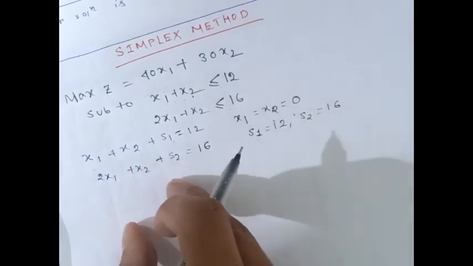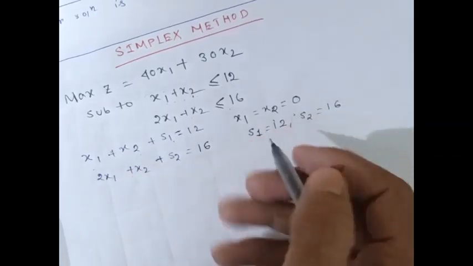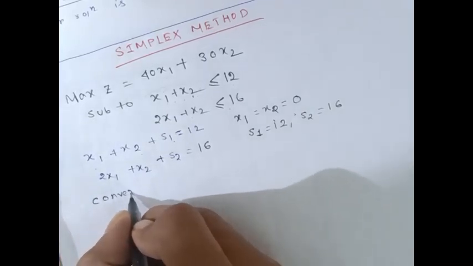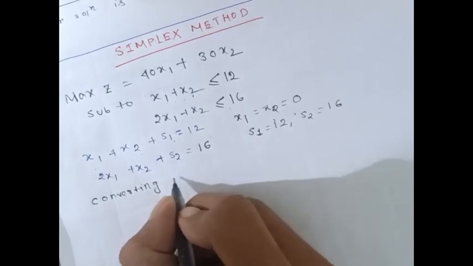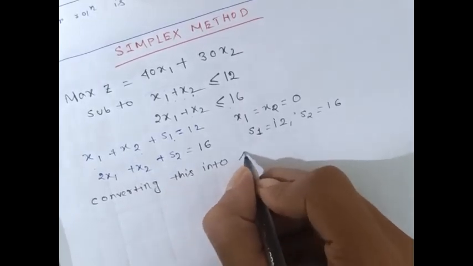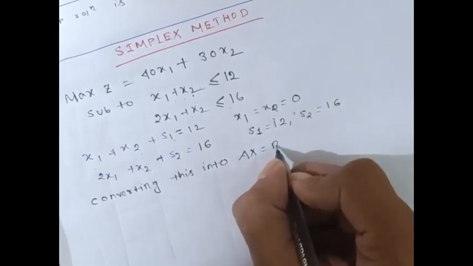Now we will convert this into matrix form, into AX equals B form.